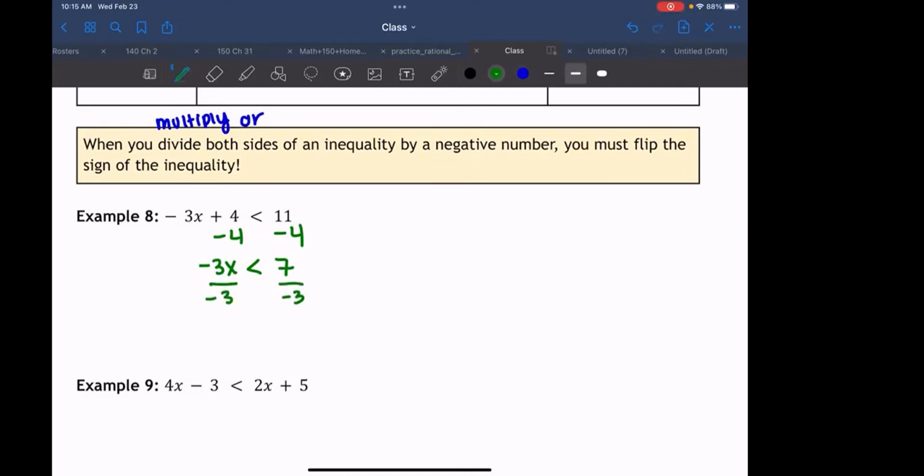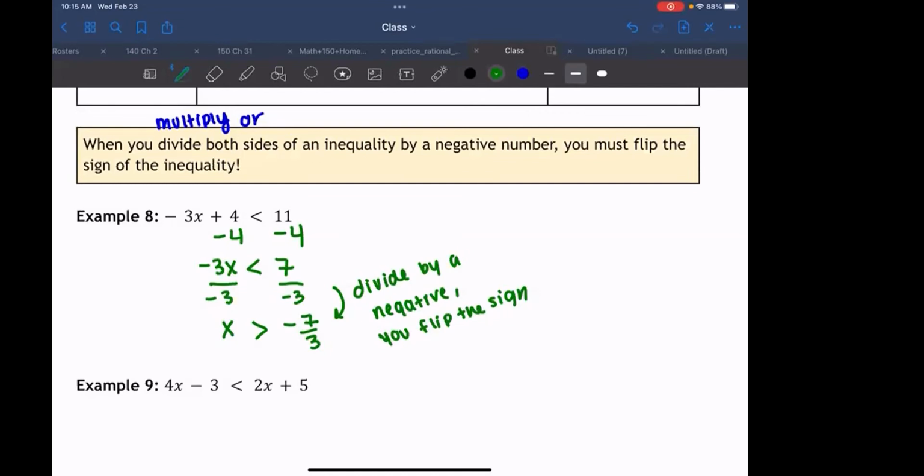So on one side I get x, the other side I get -7/3. But what's my sign now? Greater than, right? Because whenever you divide or multiply by a negative, you flip the sign. So I just flip the sign over. Now x is bigger than -7/3. Any questions how I got to the answer here?